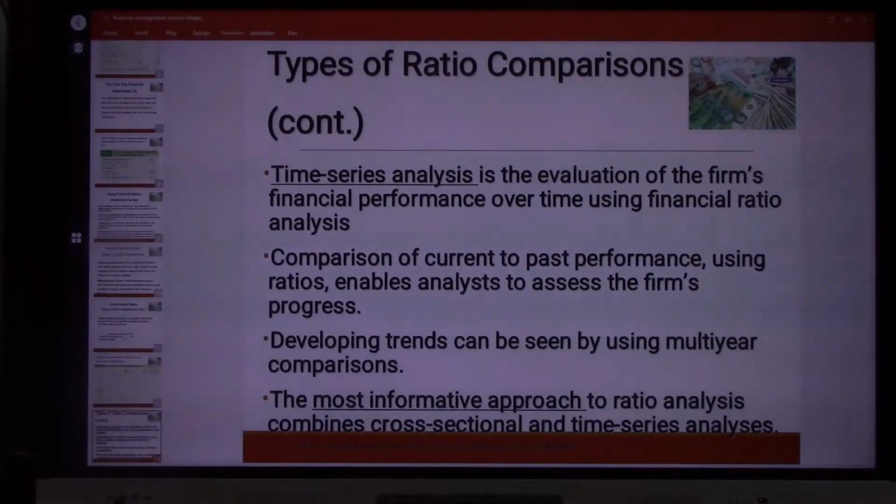You could calculate the current ratio in 2016, the same ratio in 2017, the same ratio in 2018, the same ratio in 2020, and through the comparison of this ratio over a specific period of time, you could get a hint, meaning understanding how the situation of this ratio is.